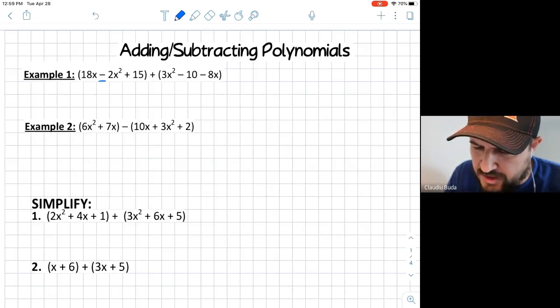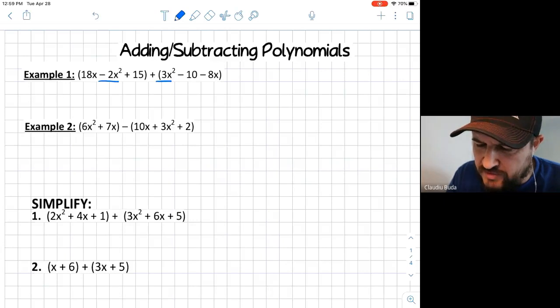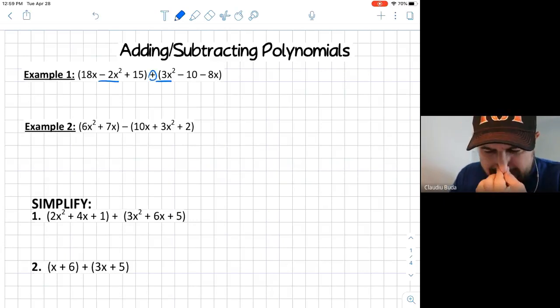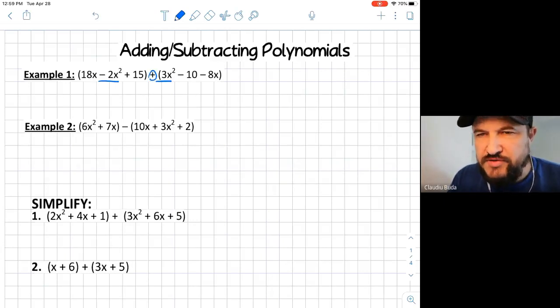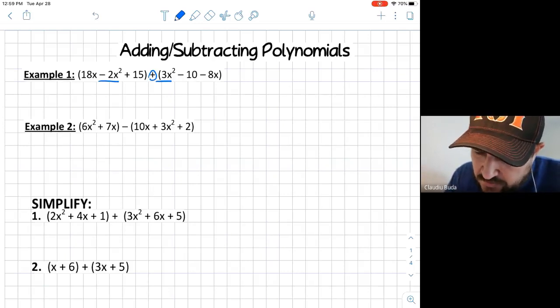For example, we have a negative 2x squared and we have a 3x squared here. Since we have plus in between the parentheses, we don't have to worry about changing the signs. We're going to look at example 2 for what we do when we have subtraction. So negative 2x squared plus x squared is just x squared.